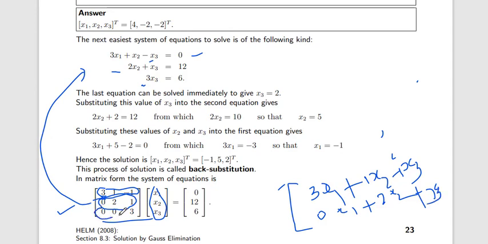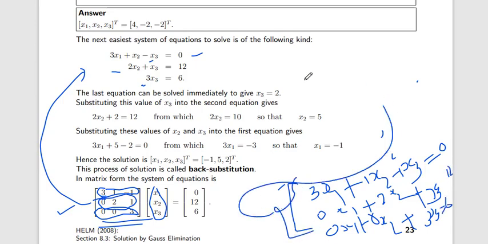Then third row and first column, 0x1 plus 0x2 and plus 3x3. Okay, multiplication completed. Then is equal to 0, 12 and 6. Okay, linear equation found.